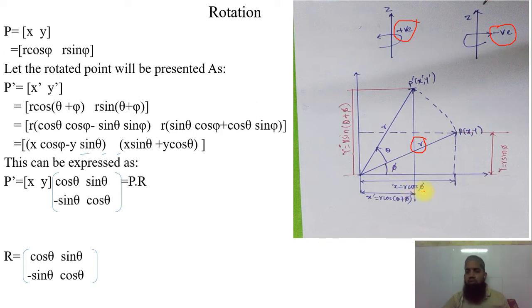It is a normal trigonometric formula, x equal to r cos phi. I also have to find this vertical distance, and the vertical distance will be r sin phi. So y equal to r sin phi. So this will be r cos phi, r sin phi.